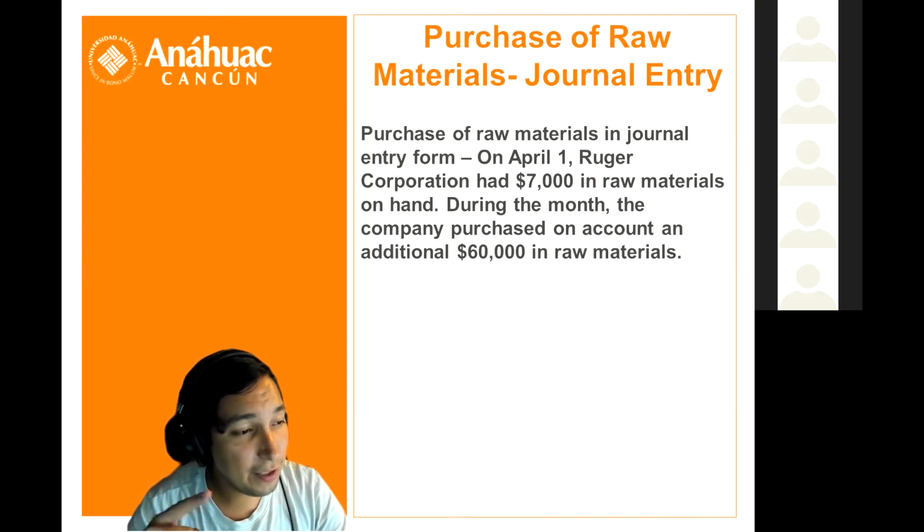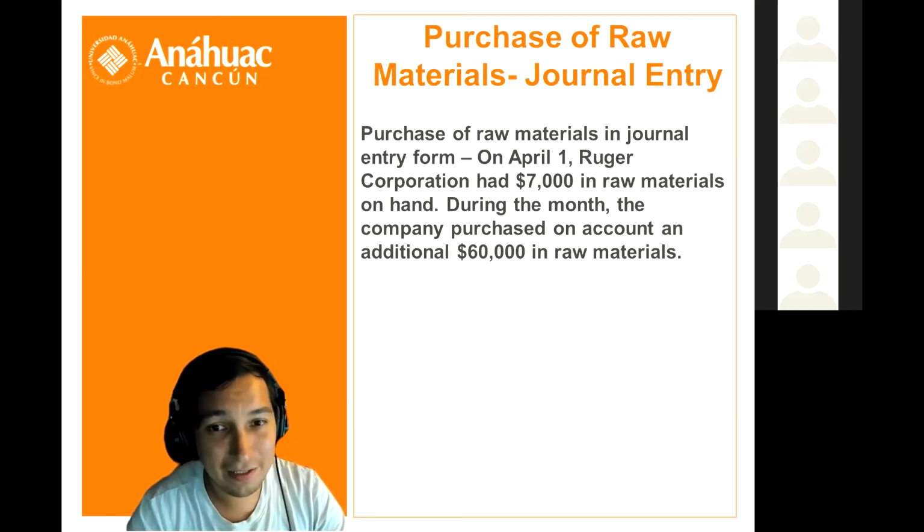So that's the first entry. I didn't give you the entry because I want you to tell me how it's been recorded, the purchase of raw materials in journal entry form. On April 1, Ruger Corporation had 7,000 in raw materials on hand. During the month, the company purchased on account an additional 60,000 in raw materials.